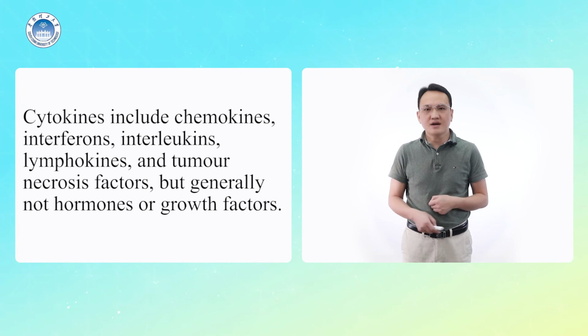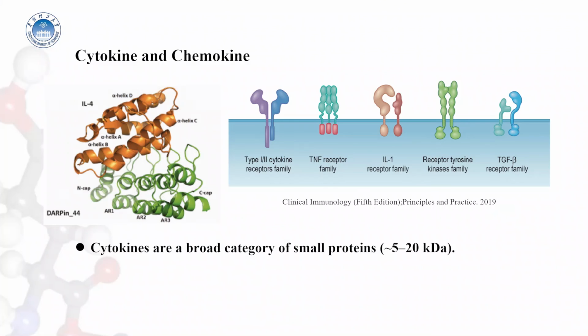Cytokines include chemokines, interferons, interleukins, lymphokines, and tumor necrosis factors, but generally not hormones or growth factors. Cytokines are produced by a broad range of cells, including immune cells like macrophages, B lymphocytes, T lymphocytes, and mast cells, as well as endothelial cells, fibroblasts, and various stromal cells.